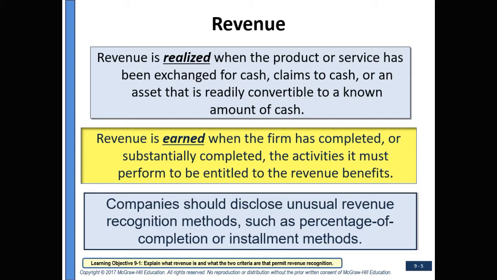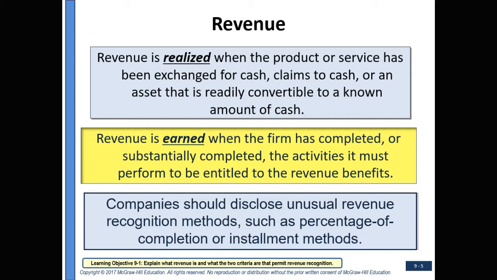Revenue is realized when the product or service has been exchanged for cash, claims to cash, or an asset that is readily convertible to a known amount of cash. So when it is realized, there is a consideration that has been received of some type.